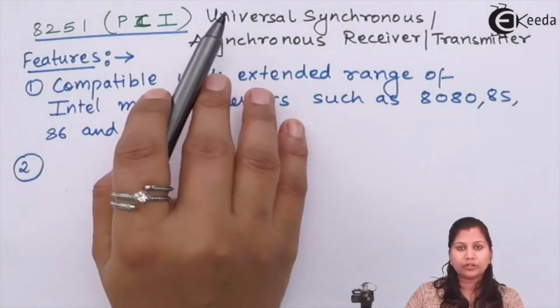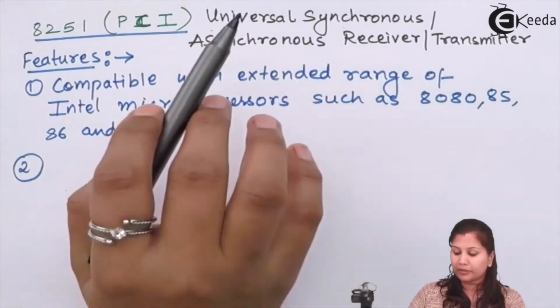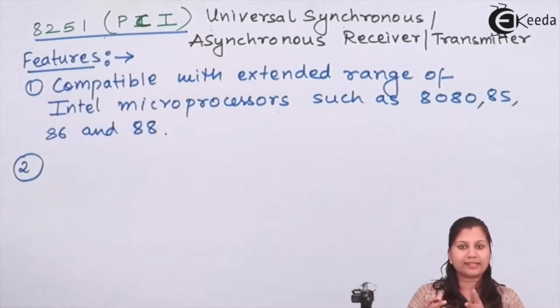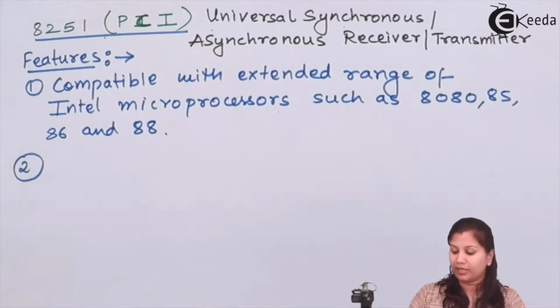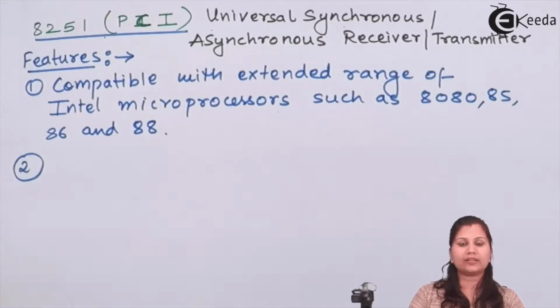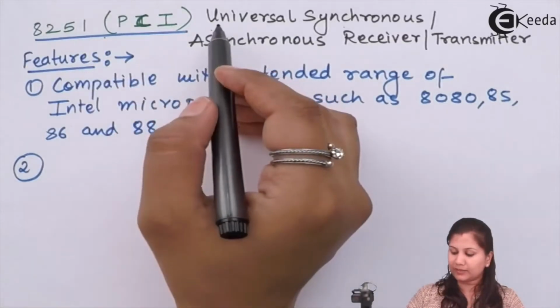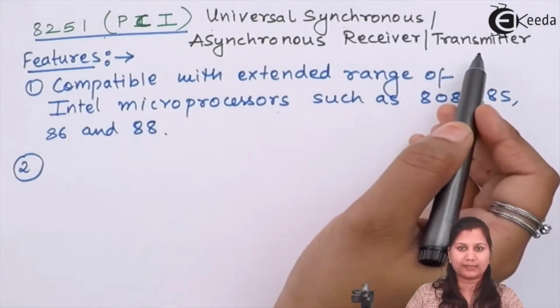This is called Universal Synchronous Asynchronous Receiver Transmitter because this device acts as a receiver also and as a transmitter also. It is receiving the data also and transmitting the data also. Synchronous, asynchronous, because in the serial transmission there are two types of serial transmission, asynchronous and synchronous. So it can act as both synchronous and asynchronous. That is why it is known as Universal Synchronous Asynchronous Receiver Transmitter.